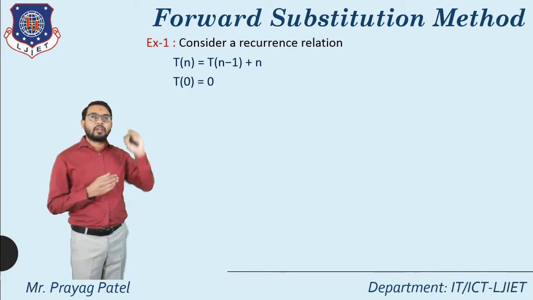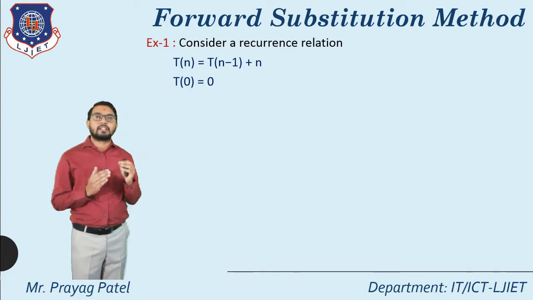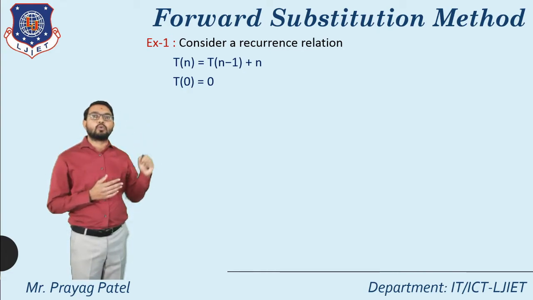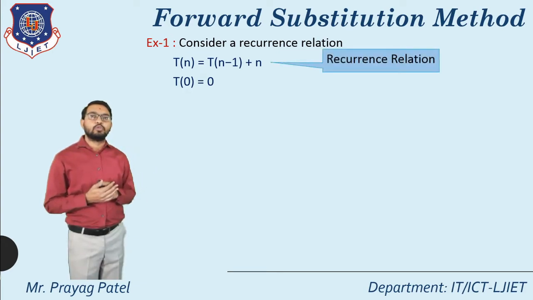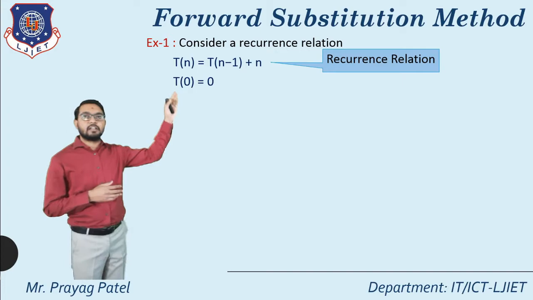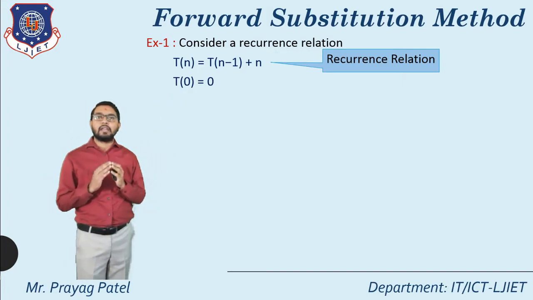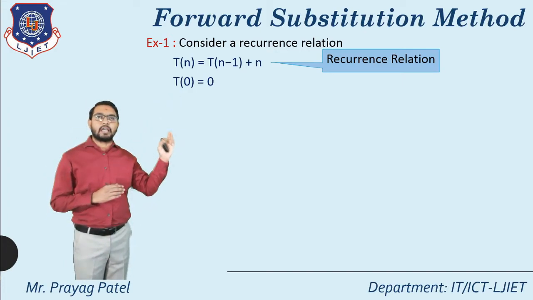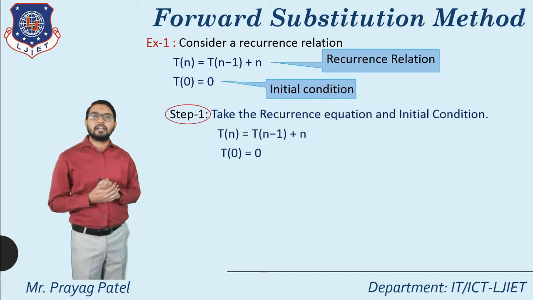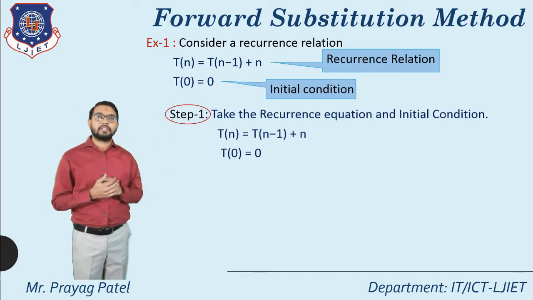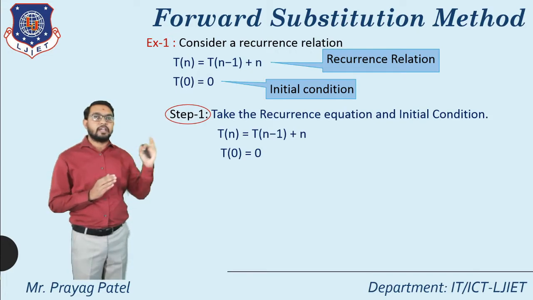Here is example number 1. Consider a recurrence relation T of n equals T of n minus 1 plus n, and T of 0 equals 0. In this, T of n equals T of n minus 1 plus n is the recurrence relation and T of 0 equals 0 is the initial condition. Now the first step is to take the recurrence equation and initial condition.